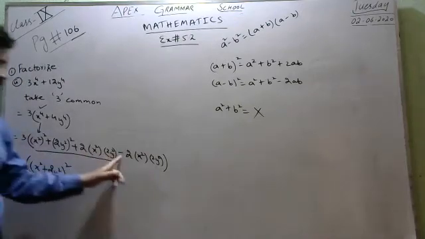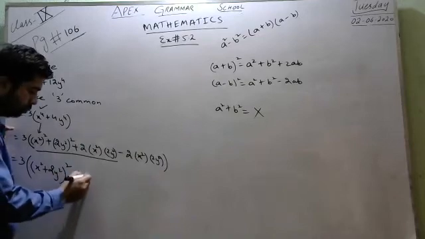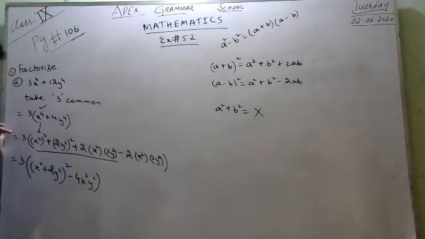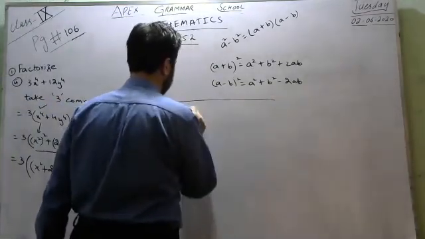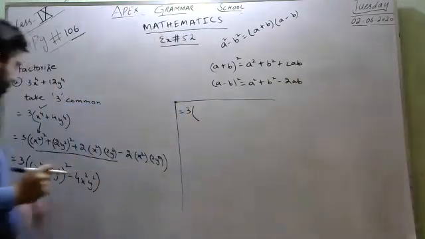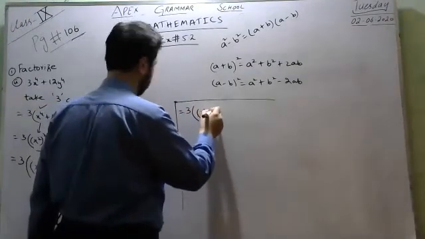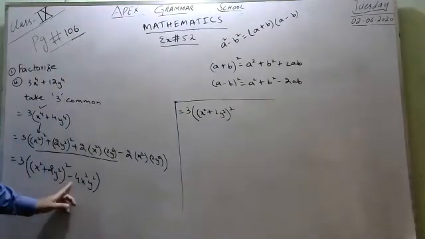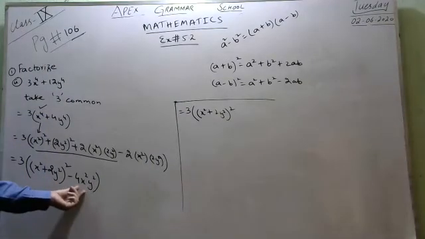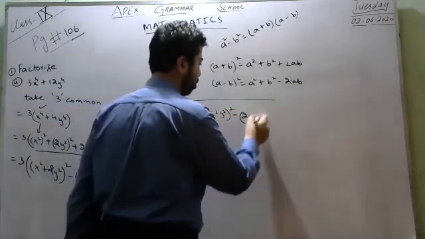And after that, minus 2, 2 2s are 4, so minus 4x²y². So this is (x² + 2y²)² minus 4x²y². This is also the square of (2xy)².